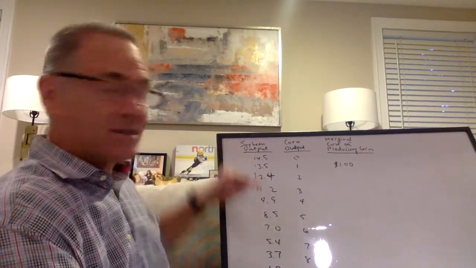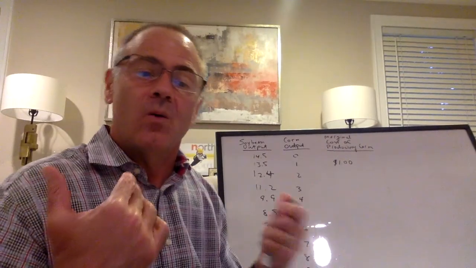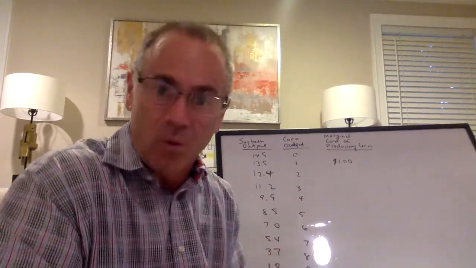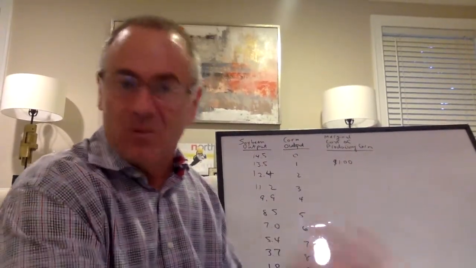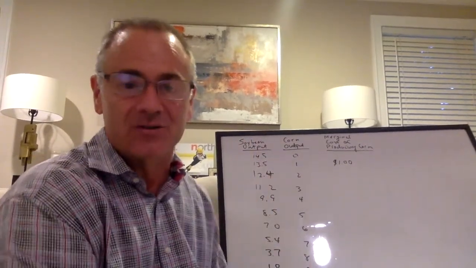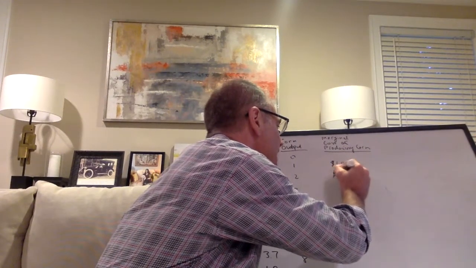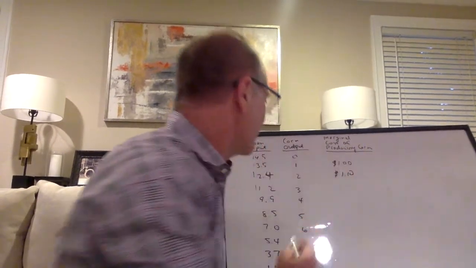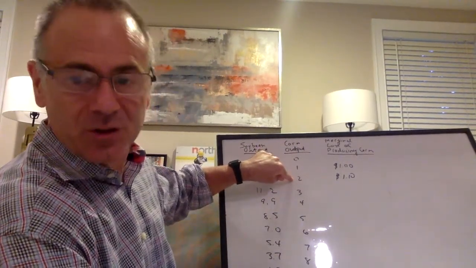That difference is $1.10. So the farmer says, when I go from 1 bushel of corn to 2, that extra bushel of corn, what's the cost in lost revenue from soybeans? The answer is $1.10.